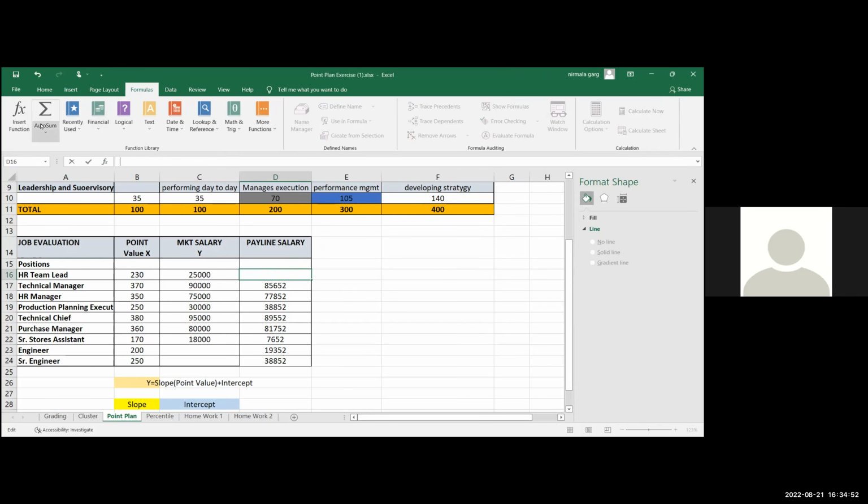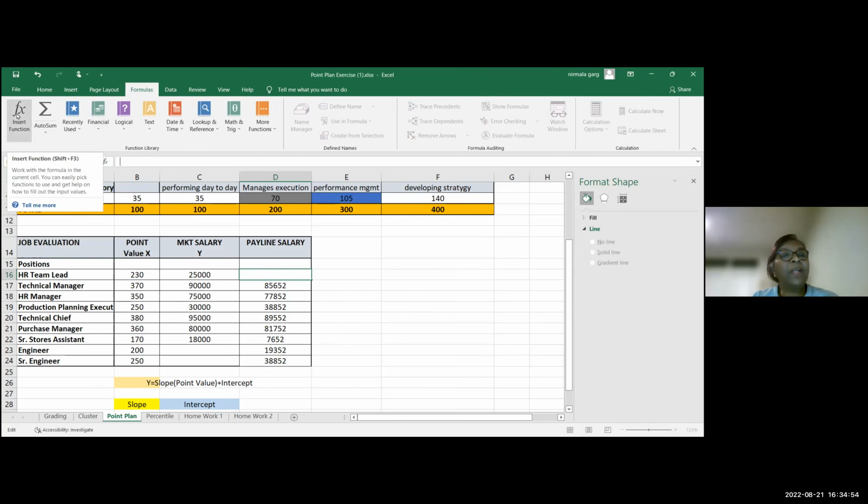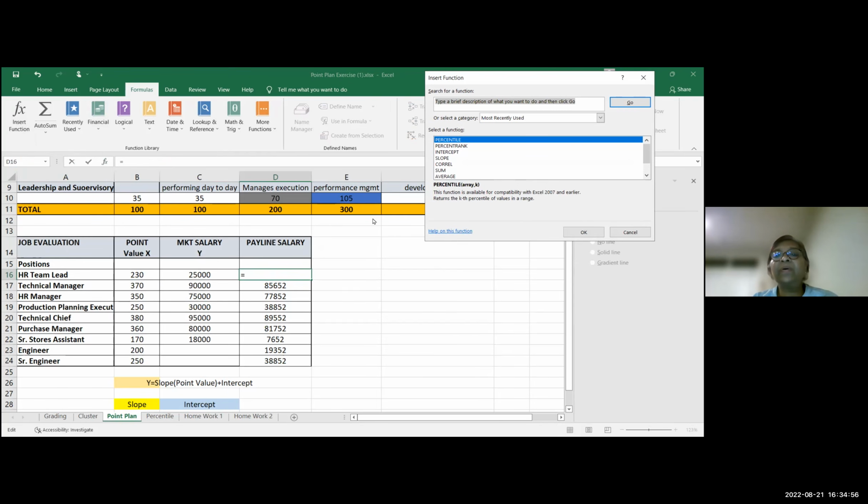So how will you calculate slope value? Insert function, then write slope.